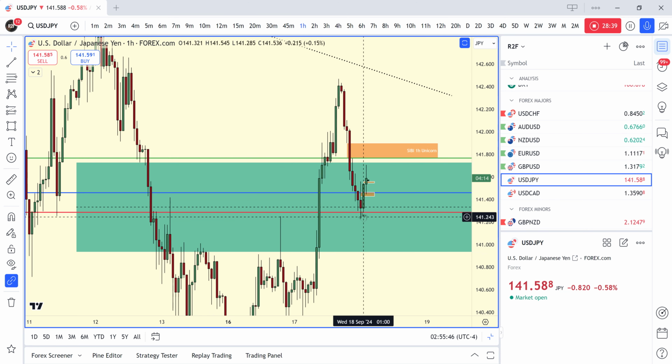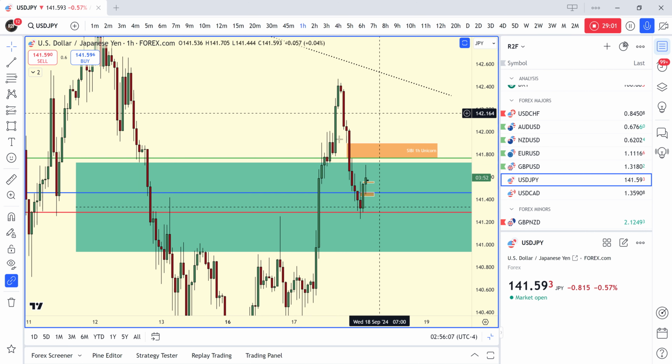It took some time to get down, so let's give it some time to get up. If we're expecting higher prices, it needs to create PD arrays, right? You can't make no PD arrays on the way up. You've got a PD array here. Look at this, it took 4 hours to make this. 5-6 hours in the small range before the expansion.